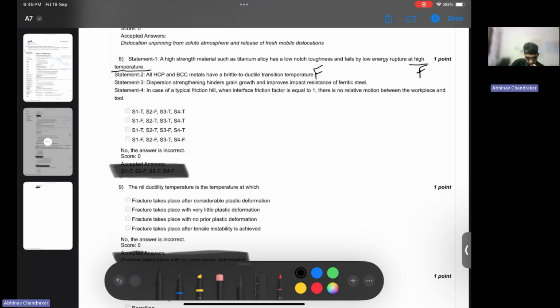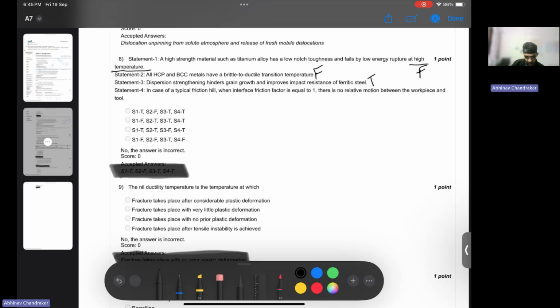But whether it will improve the impact resistance of ferritic steel, I think it will, at least due to the finer grains, because these finer grains can act as boundaries to the initial crack propagation. So this is true. The cracks will encounter more of these grain boundaries.